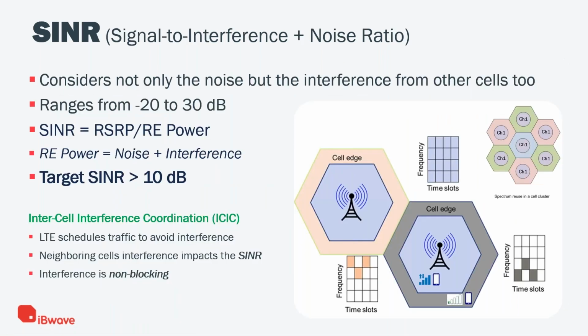Then we have SINR. SINR is the ratio between the signal and the noise, like SNR, and also the interference. So it's not only taking into consideration the noise, it's taking into consideration the interference. LTE is capable of doing that, while Wi-Fi is just doing SNR, comparing the signal, the RSSI, with the noise.